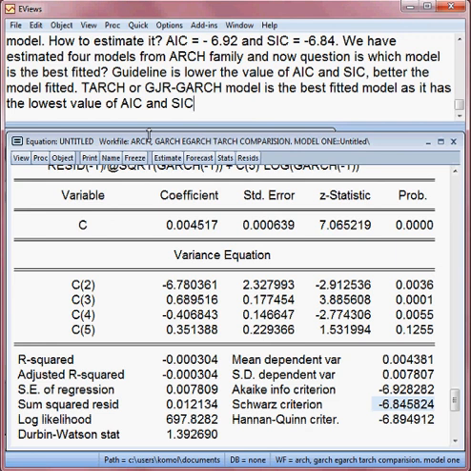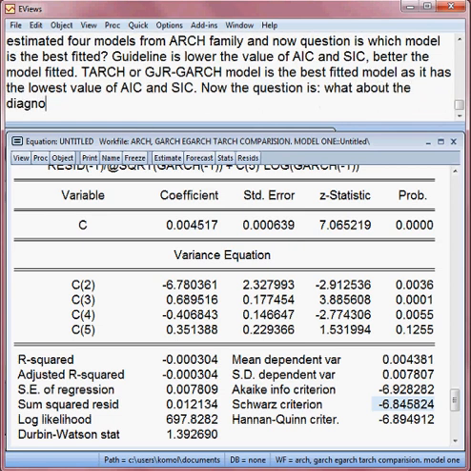Okay. So now the question is, what about the diagnostic checking of this TARCH model?